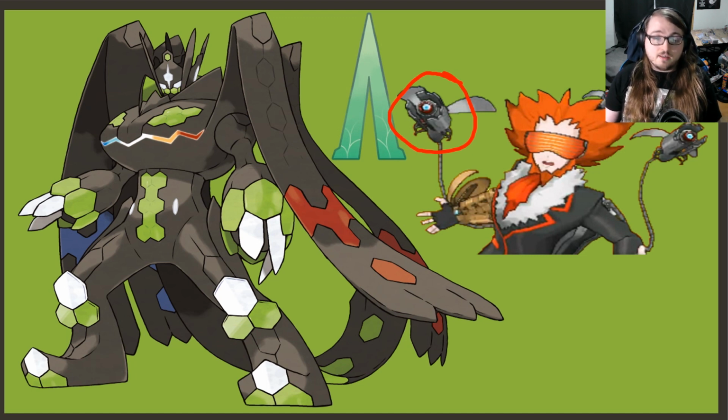So that got me thinking, maybe Lysander based his creation on Zygarde himself. Maybe Zygarde can absorb the bioenergy or infinity energy of whether it be Xerneas, Yveltal, or the bioenergy of the ecosystem with this A thing.